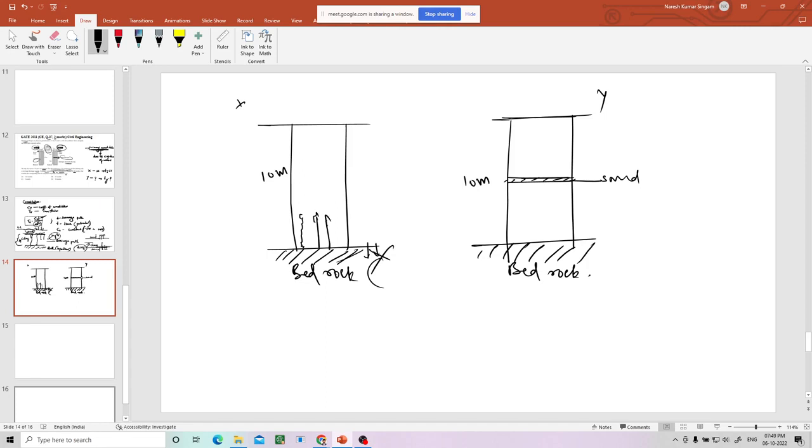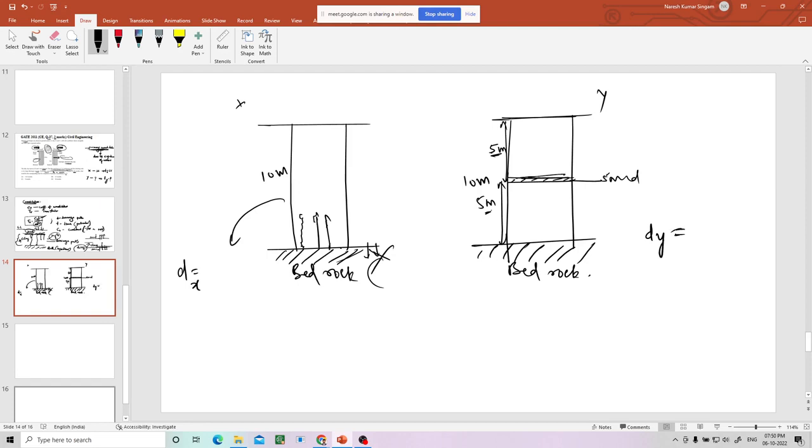So what is the drainage path in this X case? What is dx? Can somebody tell me? Ten, right? So sand is at the middle, 5 meter in this Y. Can somebody tell me what is the drainage path in this?